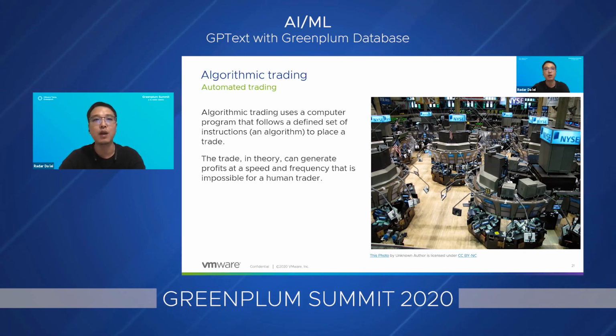Imagine that if you have to sell 1 billion shares in one day, that will cause the market to go into panic. It would be much better if you can sell them over a period of several weeks and you can get a much better price. And this operation is impossible for a human trader. But algo trading can help you achieve that automatically.